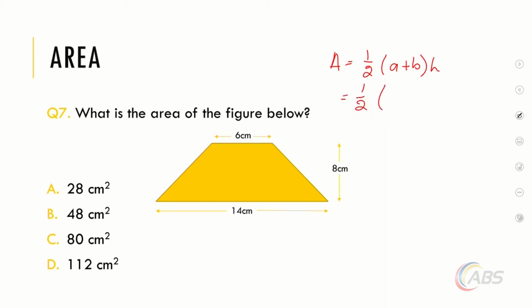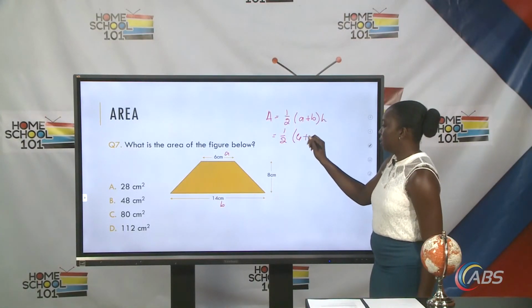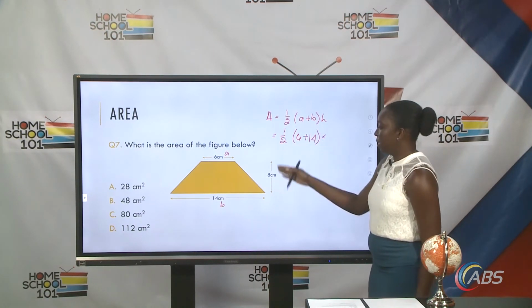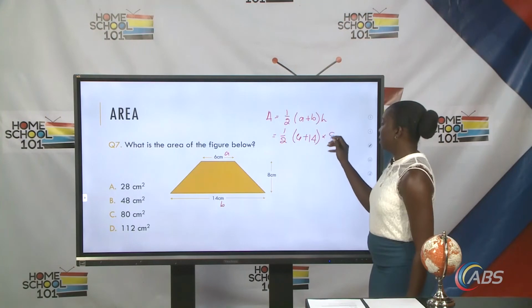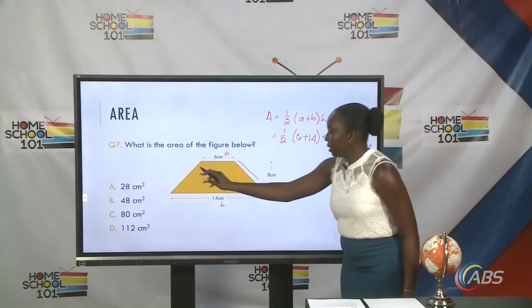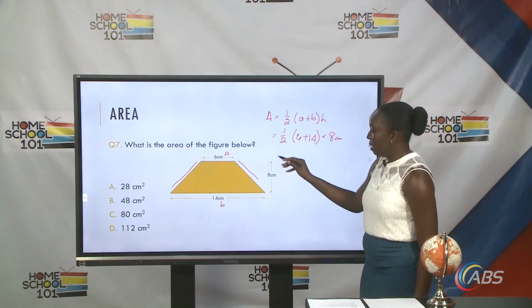Half of A, what is A? A is 6, B is 14. Remember, A and B are the parallel sides. So 6 plus 14 times our height. Our height here is 8 centimeters. And notice they didn't give us the measurement for the side here or the side here, but the height is labeled on the outside.